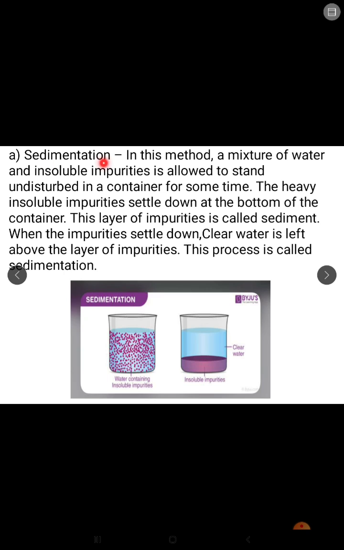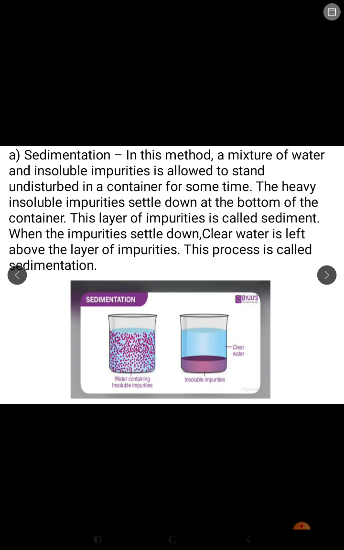We will talk one by one about each method. First one is sedimentation. In sedimentation, a mixture of water and insoluble impurities is allowed to stand undisturbed in a container for some time. The heavy insoluble impurities settle down at the bottom of the container.